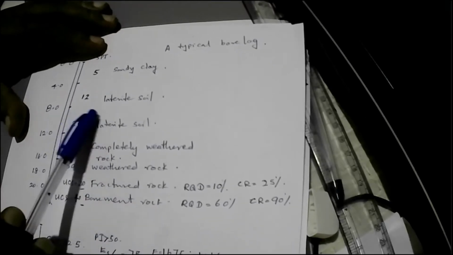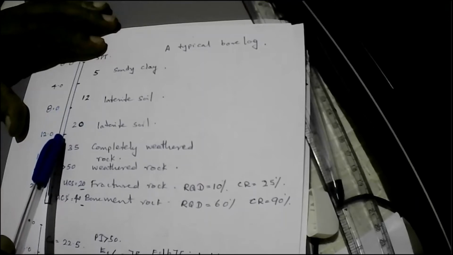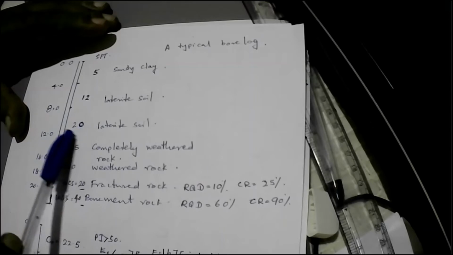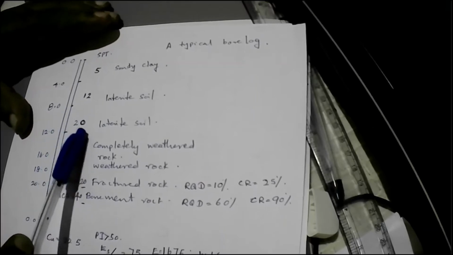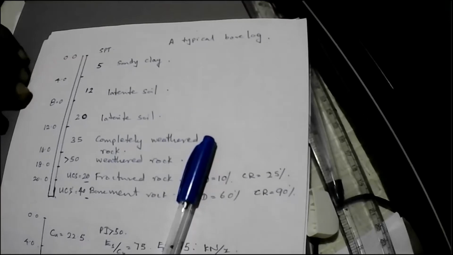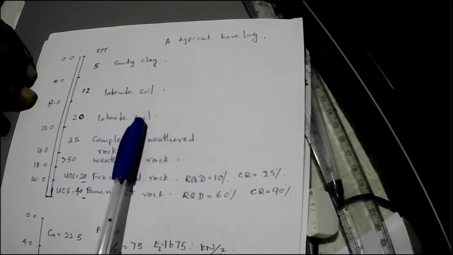And then we go for 8 to 12 meters. And if you look at the SPT value, we say the SPT is about 20, and we are having laterite soil. So let's assume that we are having this type of clay soils.